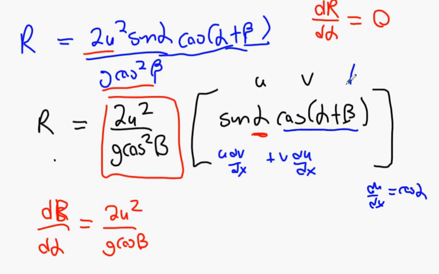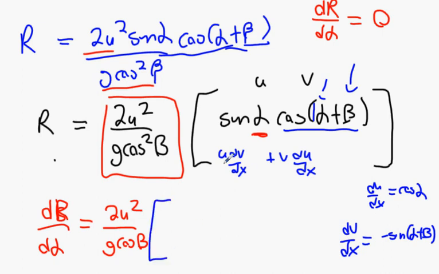Differentiate cos alpha plus beta. Please be reminded, beta is a constant, not a variable, and it's 1 alpha. So what you do is you change cos when you're differentiating your v dx. You change cos into minus sine, so minus sine alpha plus beta. You differentiate the angle, but because it's 1 alpha, it's just going to be a 1 on the outside. If that was 2 alpha, it'd be a 2 on the outside. If it was 3 alpha, it'd be a 3 on the outside. But it's 1 alpha. Okay?